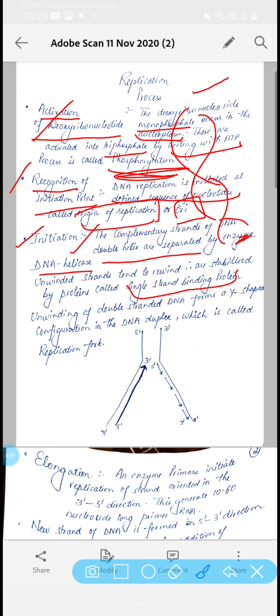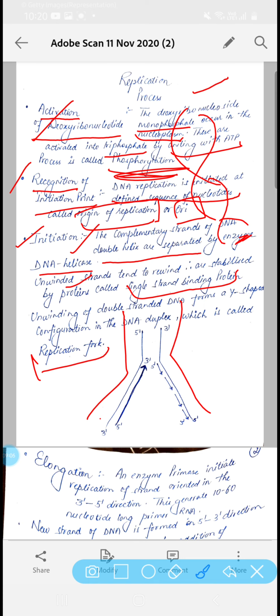SSBs आकर जुड़ जाती हैं जो अनवाइंडेड डीएनए हेलिक्स स्ट्रैंड्स हैं उनको दोबारा से रीवाइंड नहीं होने देती. Now the unwinding of double stranded DNA, it forms the Y shape structure, Y shape configuration in the DNA duplex, which is called as replication fork.